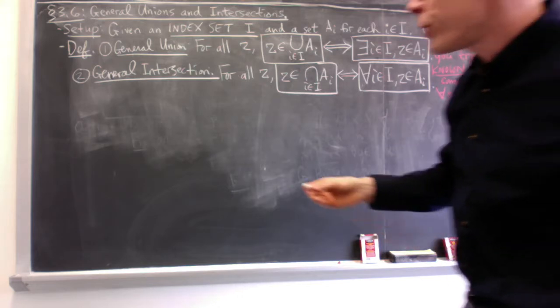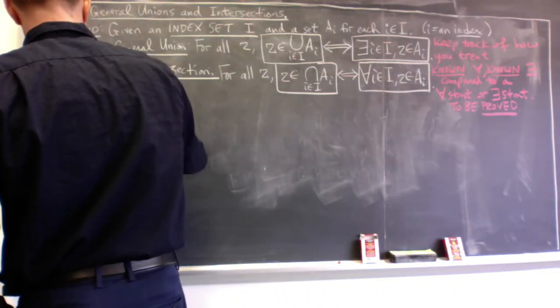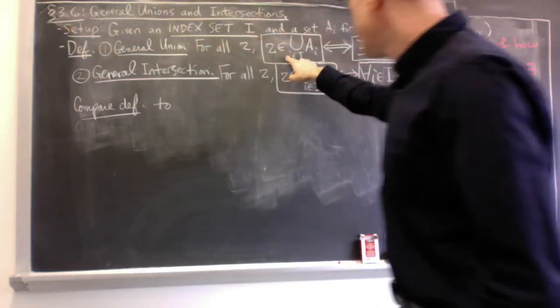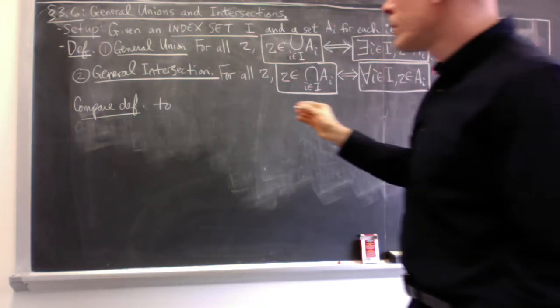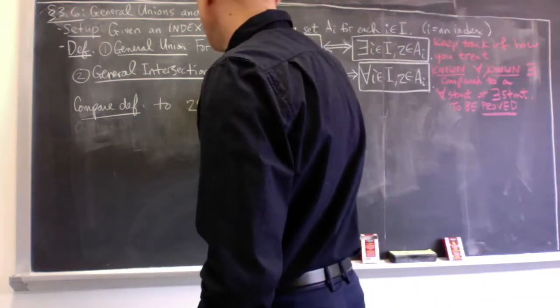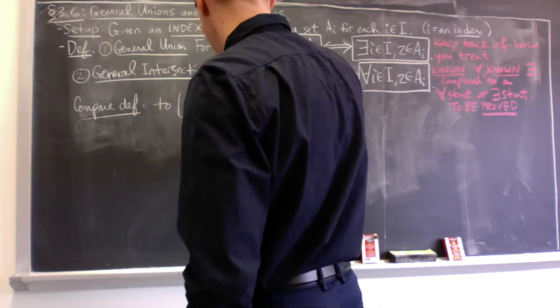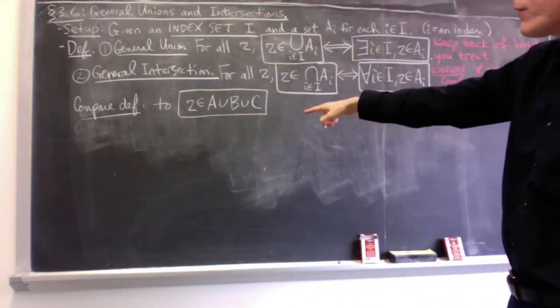All right, so that's one thing. Another thing I just want to briefly mention is to compare this to what it looks like if we had something like, what if there were actually just 3 sets and they weren't indexed? We just had A, B, C, and we said, well, what's the union? What does it mean for Z to be in the union of A, B, and C, which we talked about before, of course, quite extensively?